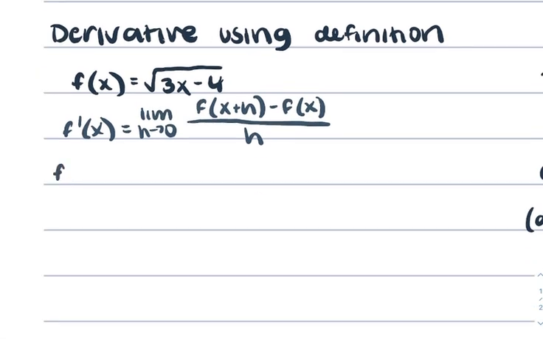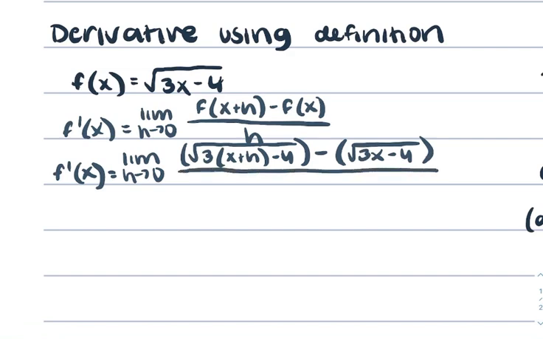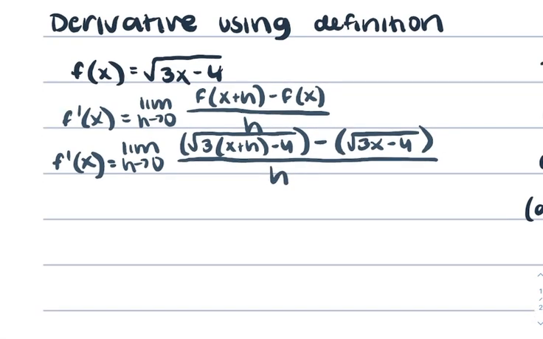So we would first do the derivative of f of x equals limit h approaching 0 of, and then we can put parentheses, the square root of 3x plus h minus 4, minus the square root of 3x minus 4. It's important to memorize the equation because it's going to show up on the AP exam if you're taking one.